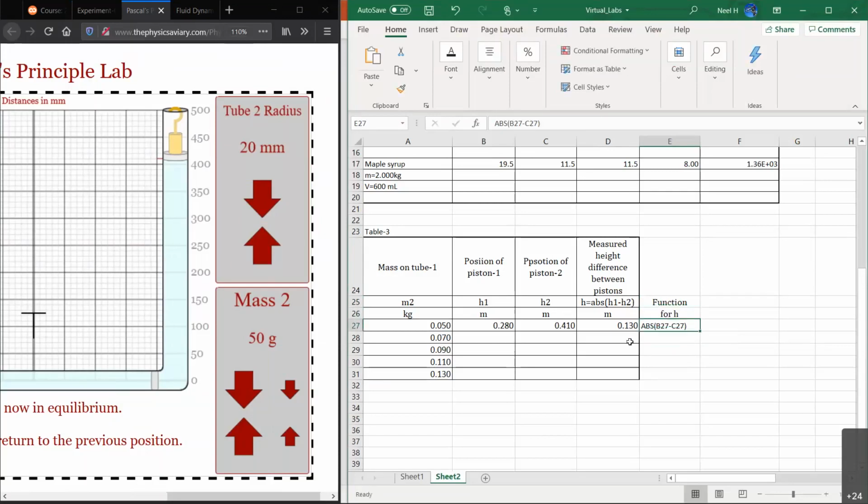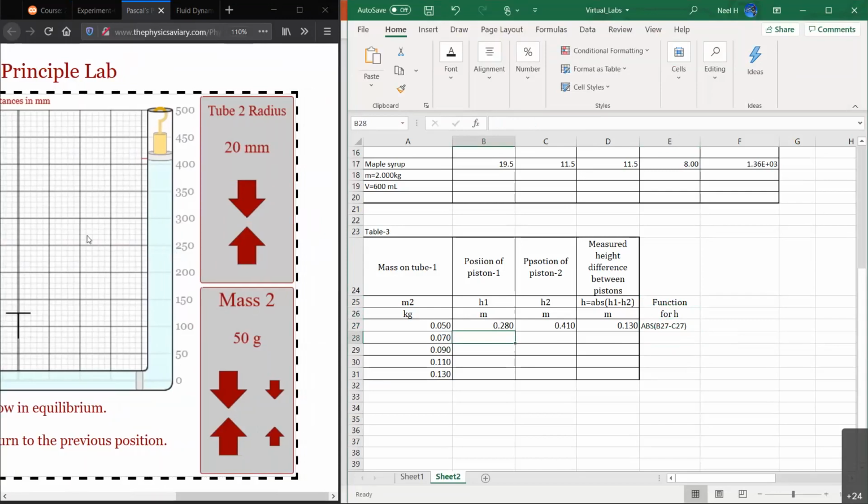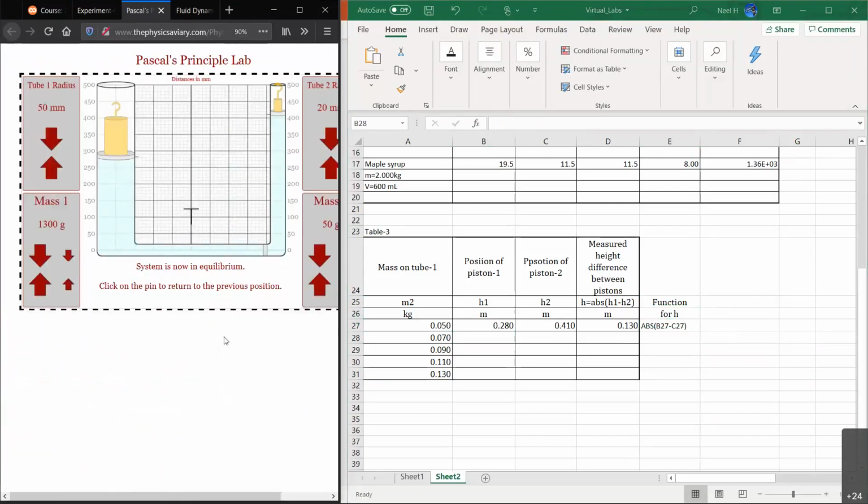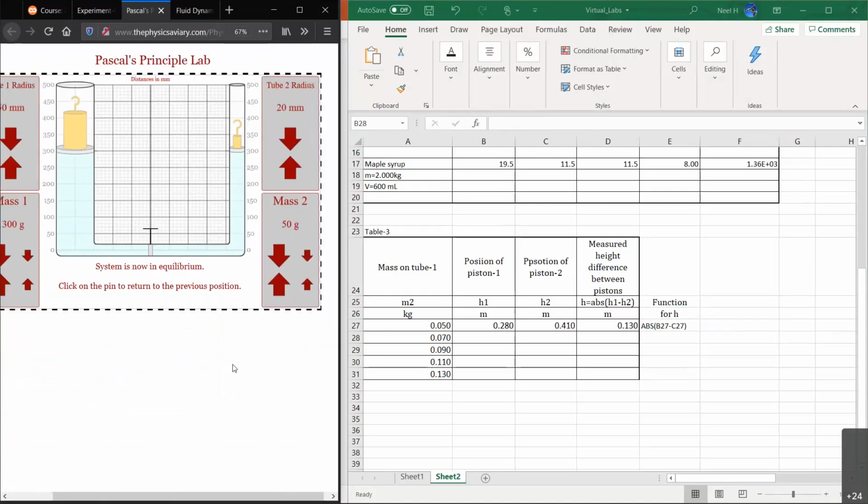Good. Any questions so far? Okay, then let's continue. I need to get this data for a few other mass values on my right hand side. Let's reset this. Click this small pin in the middle, the black T-shaped thingy. Click on that, and then increase the mass of the smaller tube side by 20.